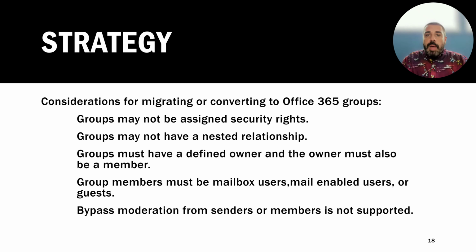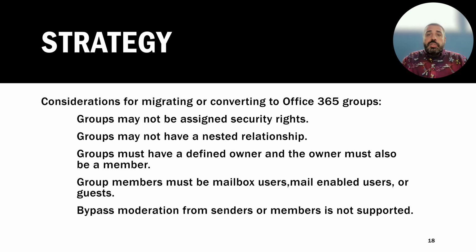If you are considering migrating from the legacy Exchange distribution list to the modern Microsoft 365 group, there's some important considerations. Microsoft 365 groups cannot be security principals. They also have no support for nested membership. When it comes to the group structure, they must have a defined owner, and the owner must also be a member. This could cause potential mail flow issues, as legacy distribution lists did not require owners to be members.